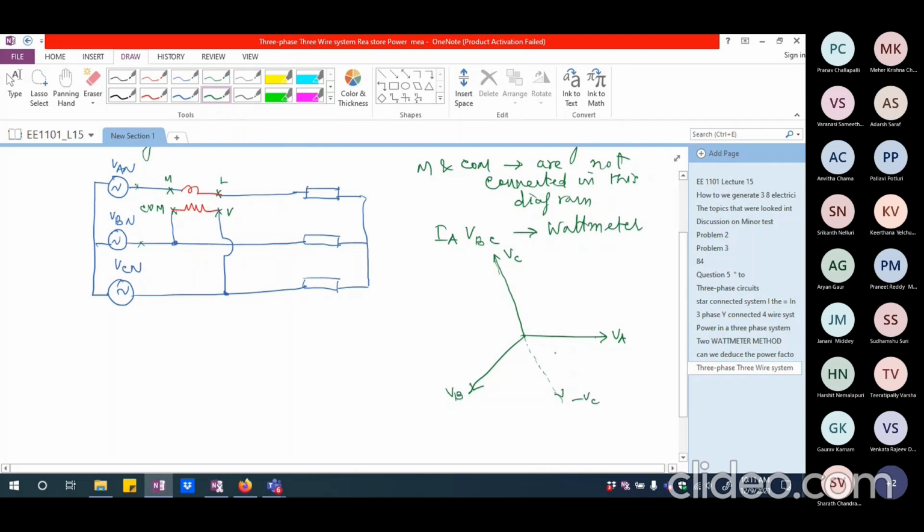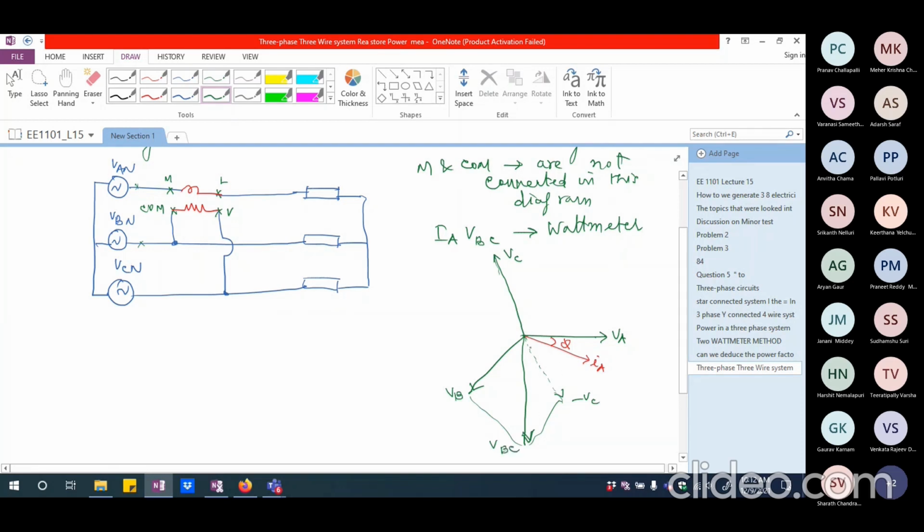And I'm going to say maybe my current is lying somewhere here. So this is IA, and this angle is phi. Now I'm going to have VCB somewhat like this. So I have to draw the summation of these two. This will come out to be somewhere here. This is going to be VBC.